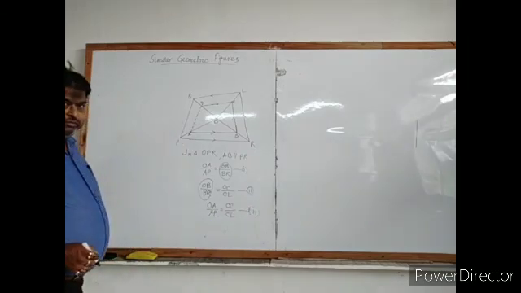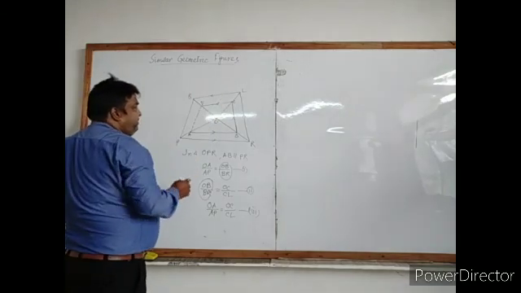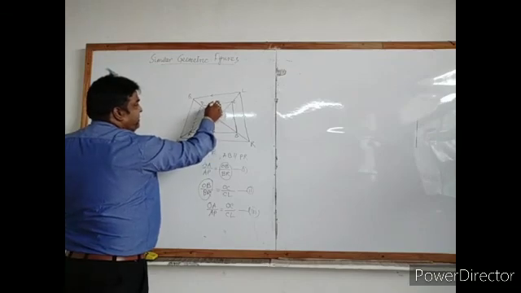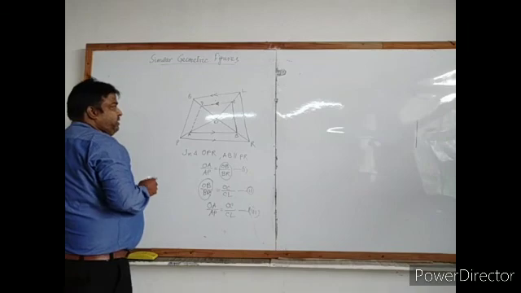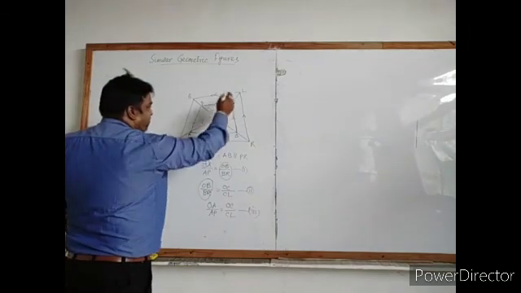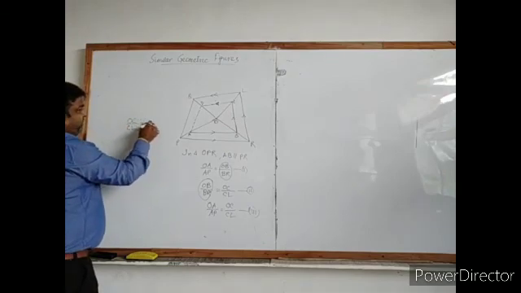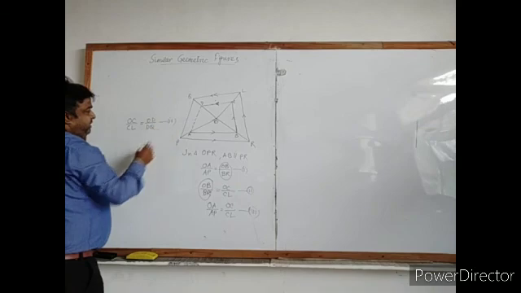Okay. Now come to this triangle. In triangle OLQ, CD parallel LQ. So when these two are parallel, apply the BPT here. What will you get? OC by CL equal to OD by DQ. This is number 4. Again compare 3 and 4.